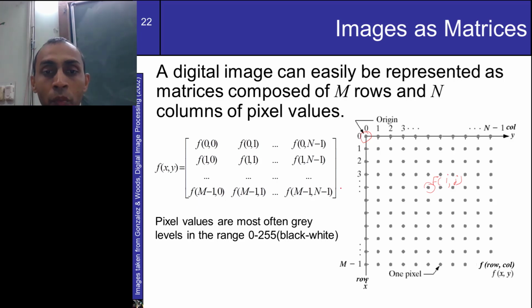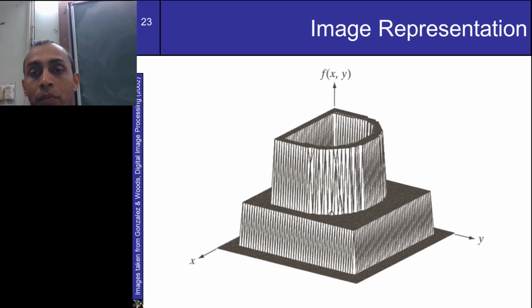Also, most times 0 refers to black and 255 refers to white in a normal image when you are using 8-bit representation. Sometimes it is also convenient to visualize images in this way, where the intensity is visualized as the third dimension.